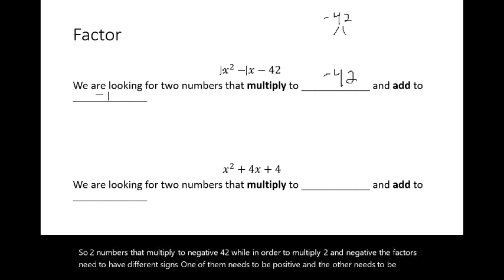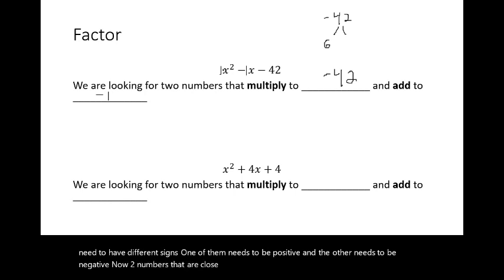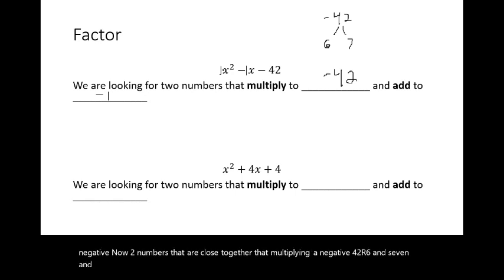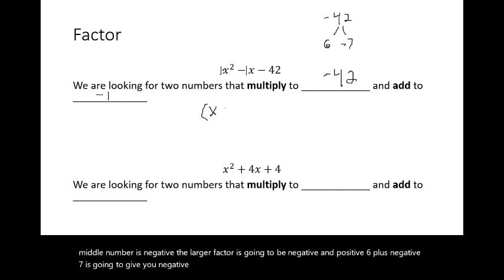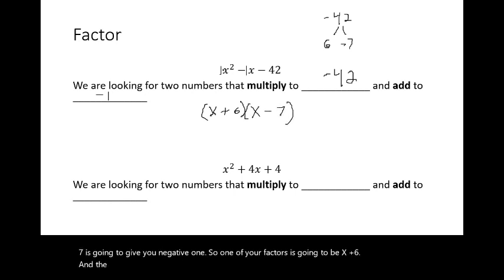Now, two numbers that are close together that multiply to negative 42 are 6 and 7. And remember, the larger factor is going to take the sign of the middle number. So since the middle number is negative, the larger factor is going to be negative. And positive 6 plus negative 7 is going to give you negative 1. So one of your factors is going to be x plus 6, and the other factor is going to be x minus 7.